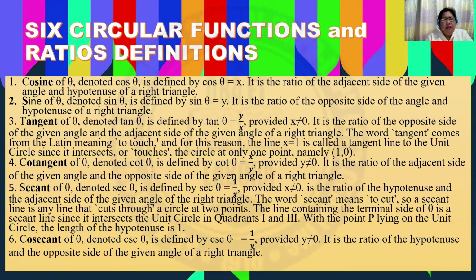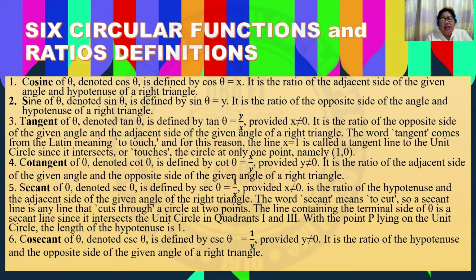Secant of theta, denoted by sec theta, is defined by secant theta equals 1 over x, provided x is not equal to 0.